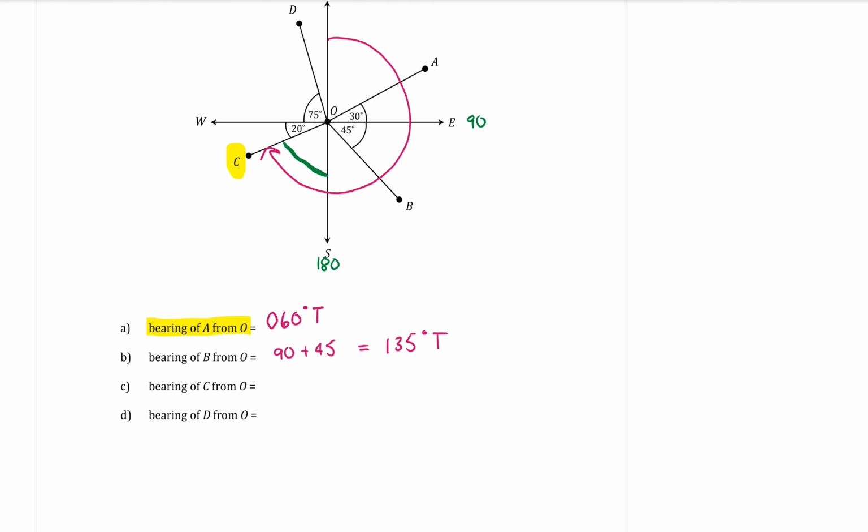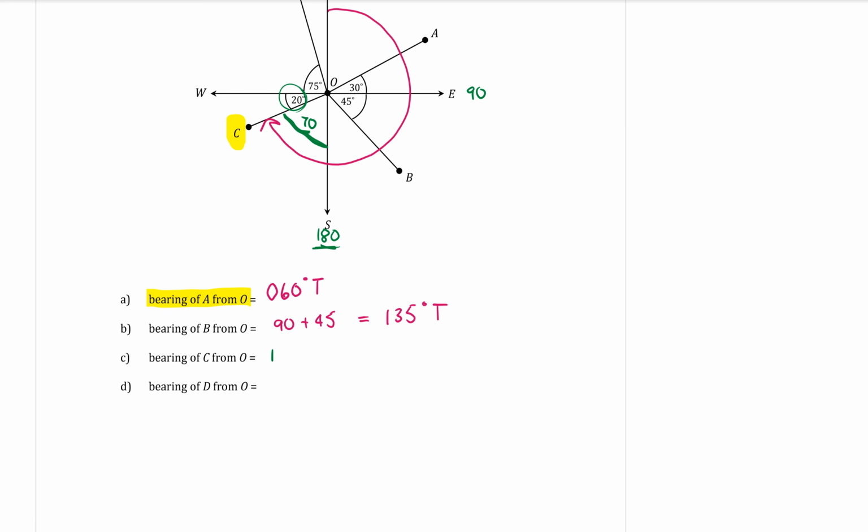Okay, now because of this 20, 90 minus 20 means that this would be 70. So if I go 180 plus that 70, it would give me the true bearing. 180 plus the 70 makes 250 degrees T.